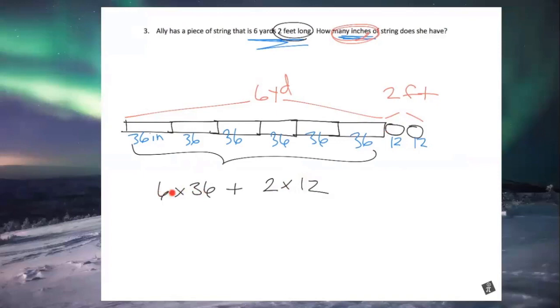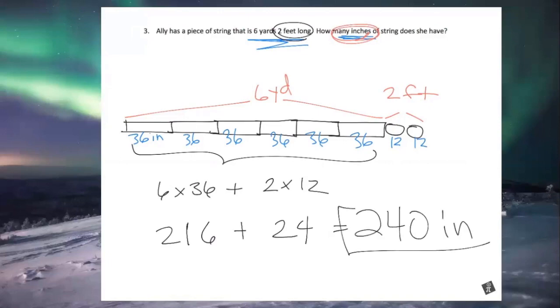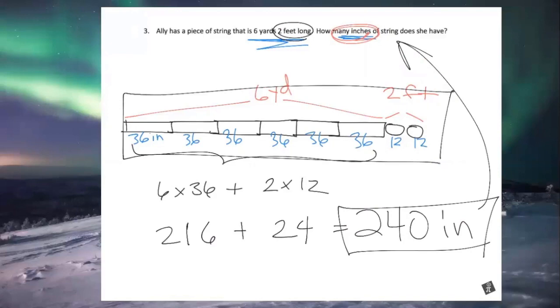So what is 6 times 36? Oh my goodness, I'm going to have to do it in my head. 6, 3, 18, 216 plus 24. And so that gives us 240 inches in this huge length right there.